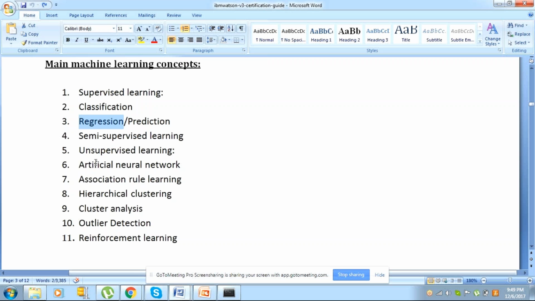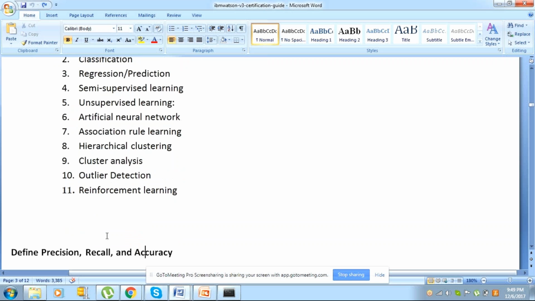And then we have artificial neural networks. In supervised and unsupervised learning, we have some algorithms in place, and we have to discuss that. Then there are artificial neural networks, which I explained a little earlier, cluster analysis, and reinforcement learning. These are recommended by IBM for these certification courses.